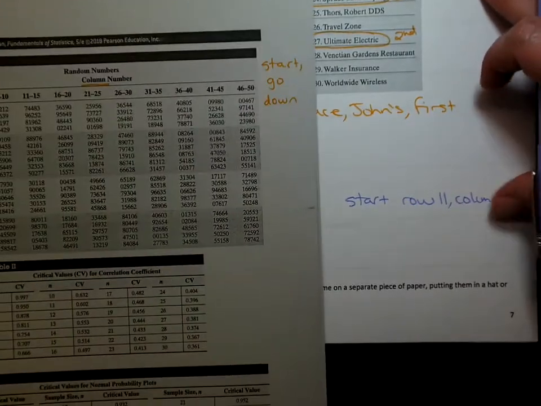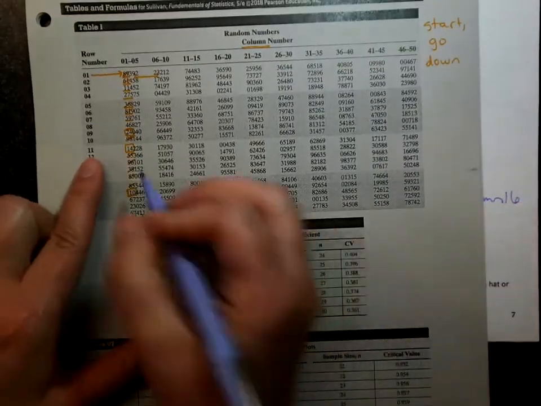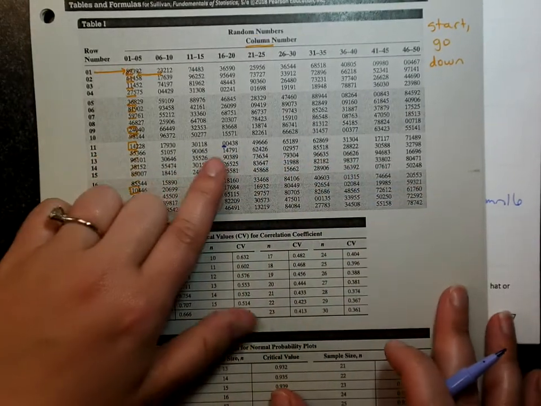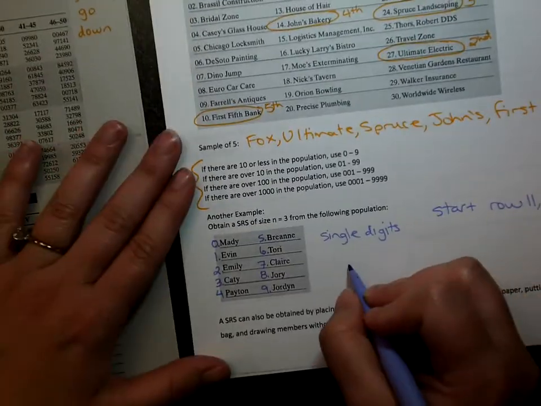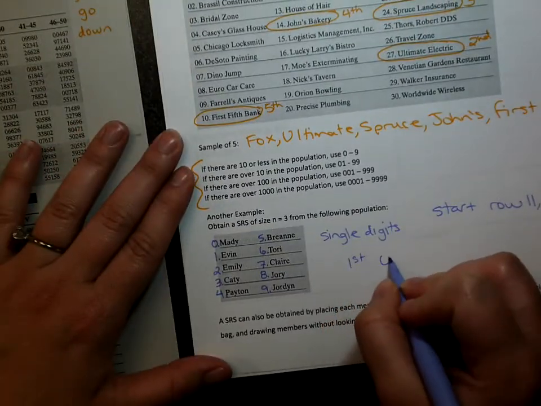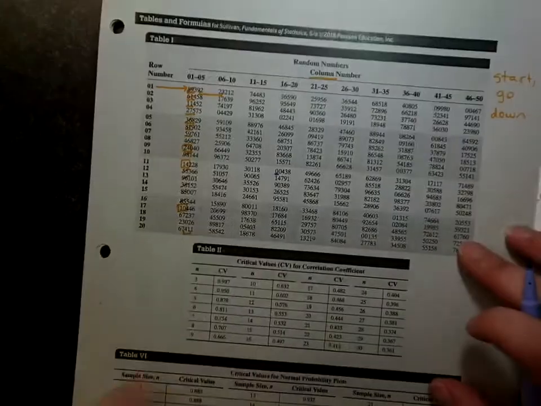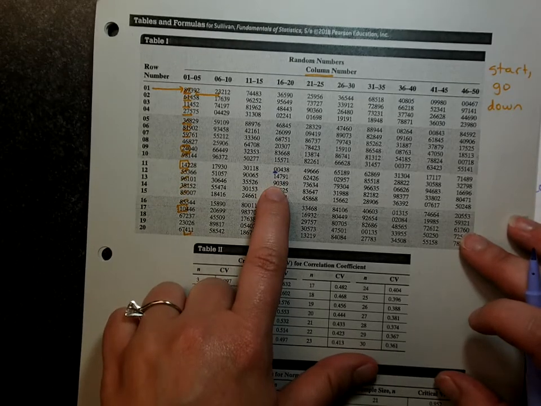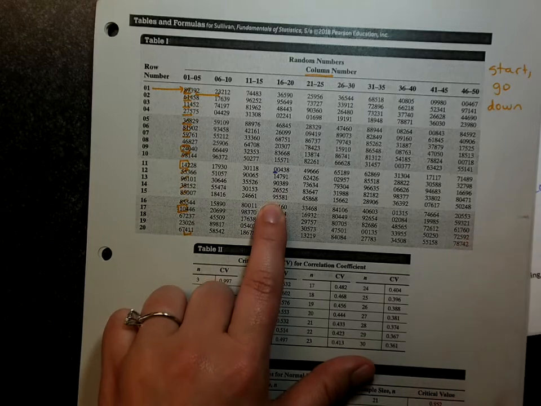Alright, so if we're going to start on row 11, column 16, here's row 11, column 16, going with single digits. The first number is 0. So my first choice was 0. My second choice going down from there would be 1, and my next choice would be 9. If there's a repeat, like if there's another 9, you just ignore it.